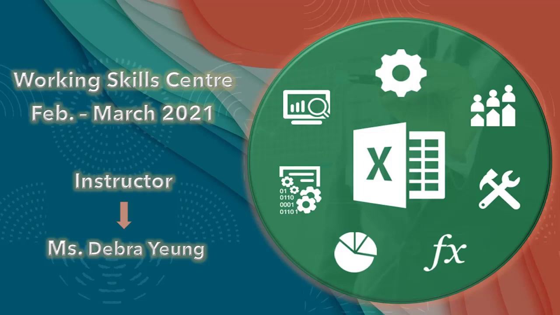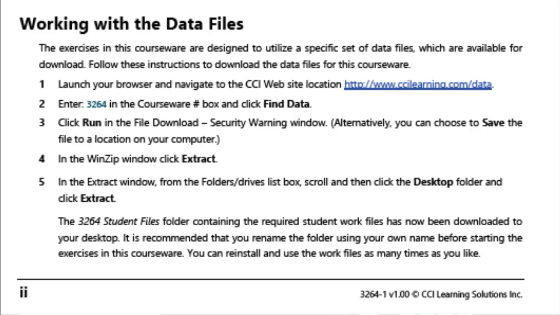Let me go through showing you how to download the files that you will need to work in the book. Alrighty? So in the very beginning of your book, and I will give you the page, it's almost the very first page.